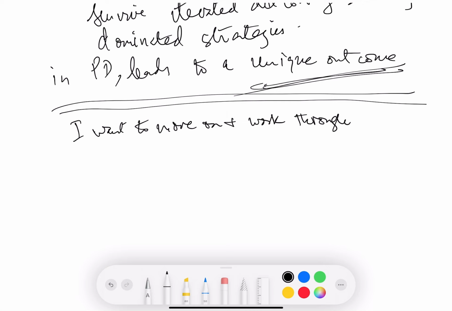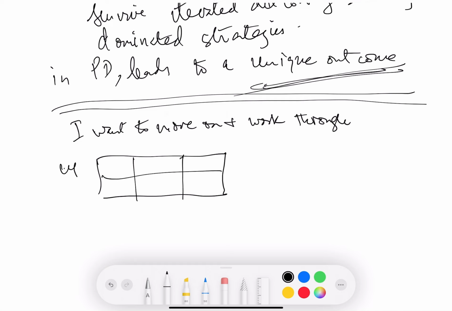Here's another game, a simultaneous game. I'll just write out the normal form. So this is a more generic game: up, down, and player 2 can go left, middle, and right. Okay? And I'm going to write the payoffs. If player 1 plays up, player 2 plays left, player 1 gets 1, player 2 gets 0.